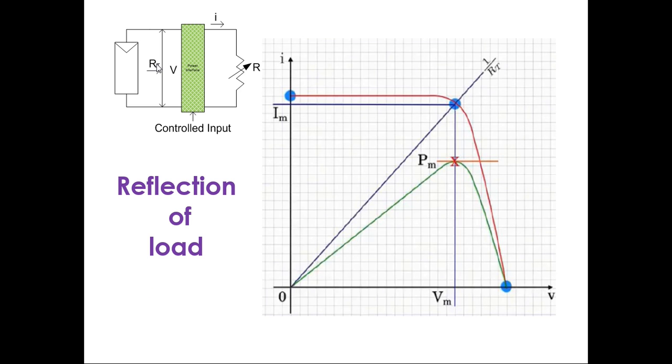So this is the reflection of the load. Over here we have the input impedance RT seen by the module, which is fixed, and we shall track this optimal power point with a straight line of slope 1 upon RT, and similarly that point has been plotted as X on the PV curve.